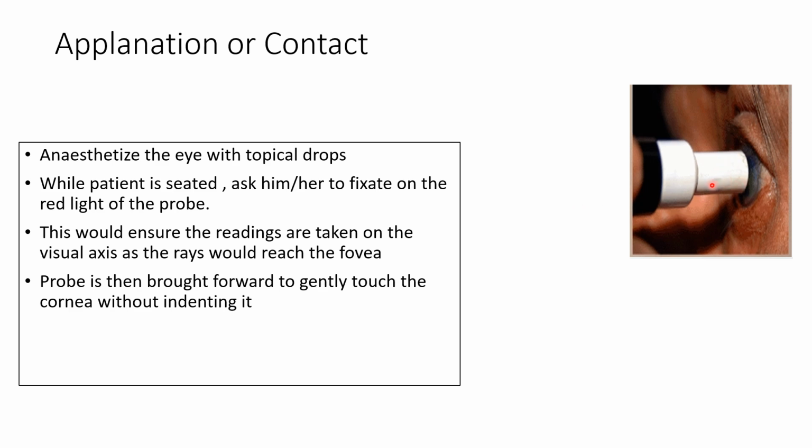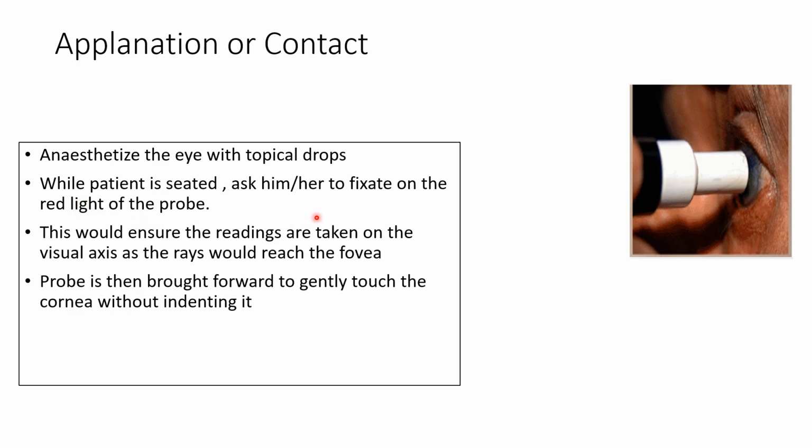And remember, in part 1 we discussed that wherever you are doing applanation contact biometry, you should always do the keratometry first and then do the applanation, because you do not want to put a drop and then do the keratometry reading.